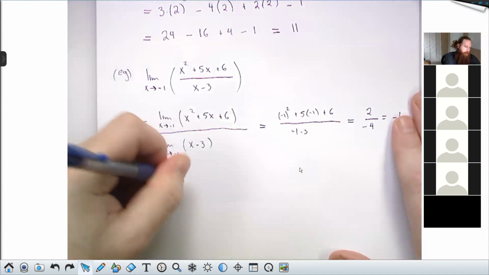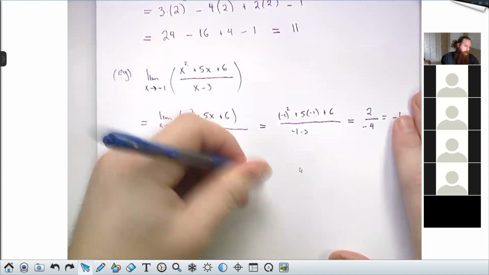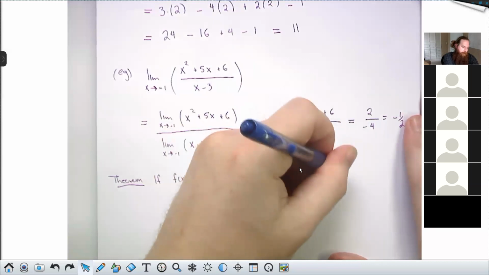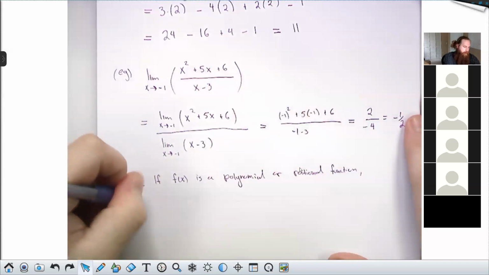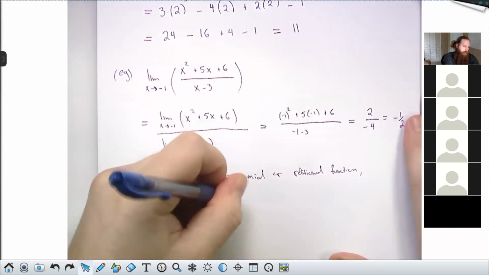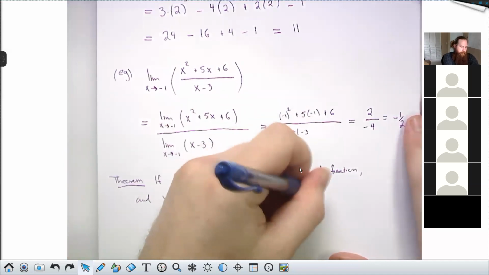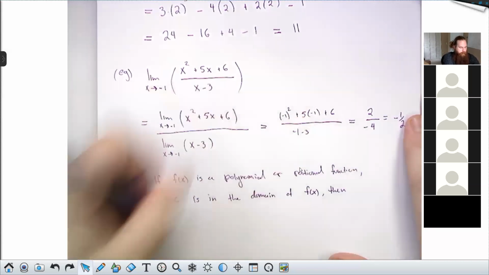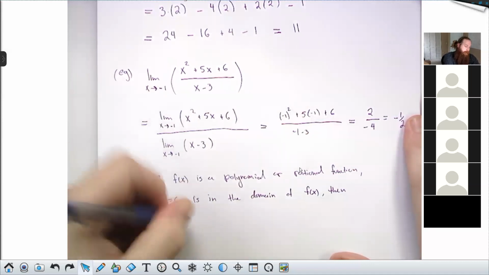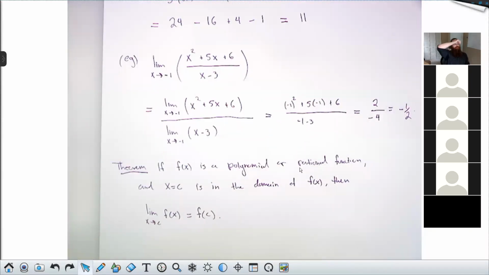If f of x is a polynomial or rational function, and x equals c is in the domain of f of x, then the limit as x approaches c of f of x is just what you get by plugging in, right? That's a formal statement of the thing we just discovered.